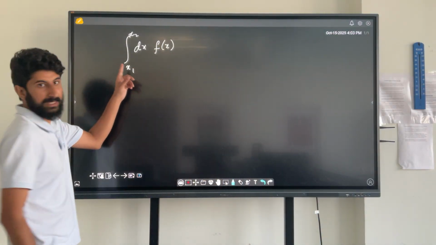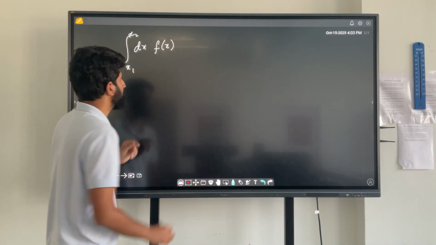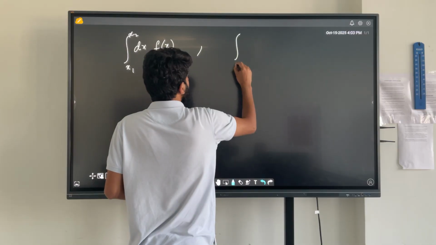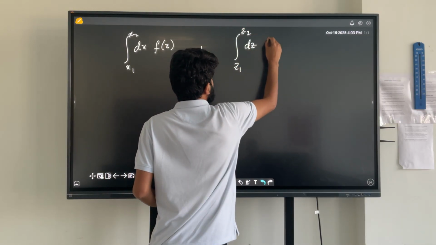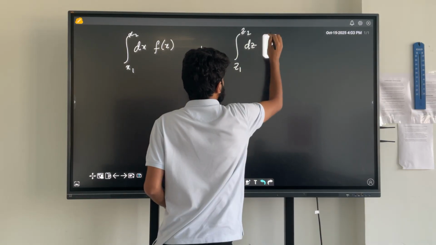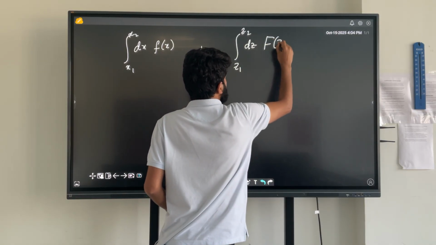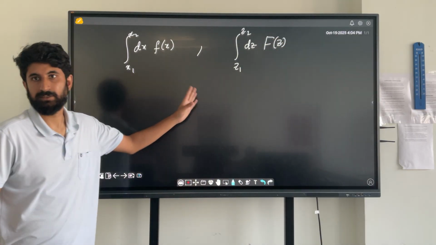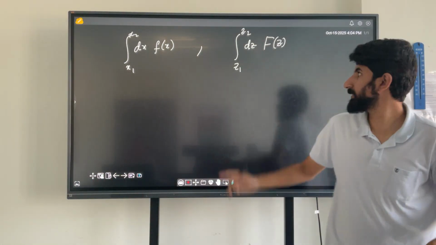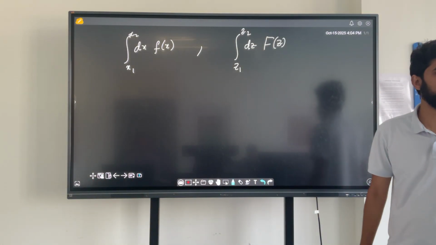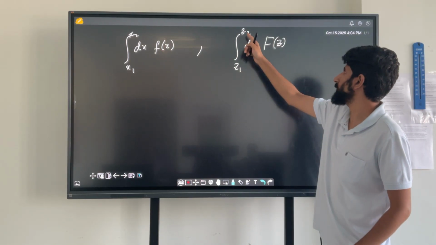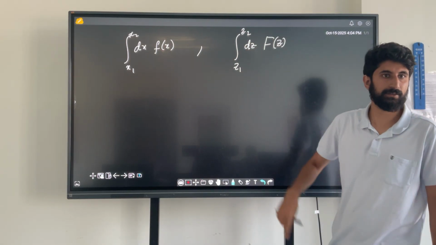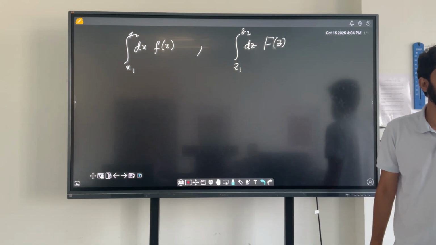Now, in the same spirit, I consider integrating from z1 to z2 this complex function f of z.